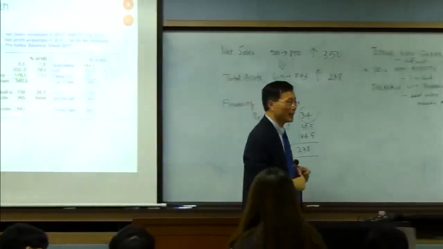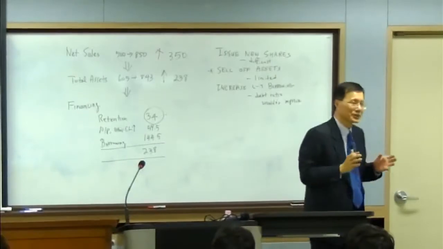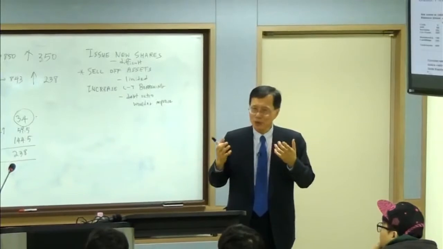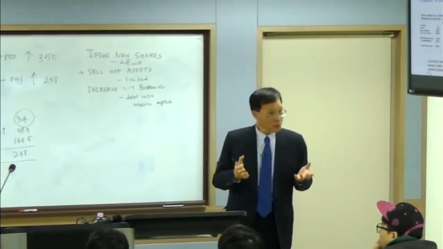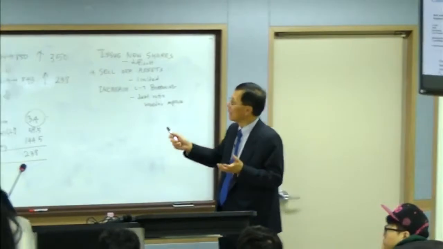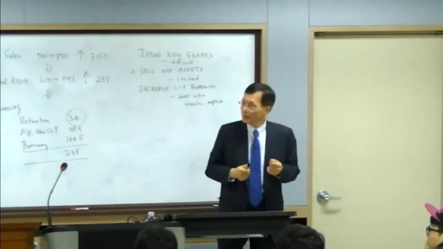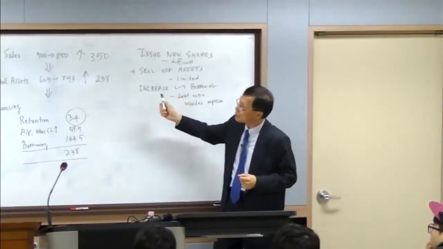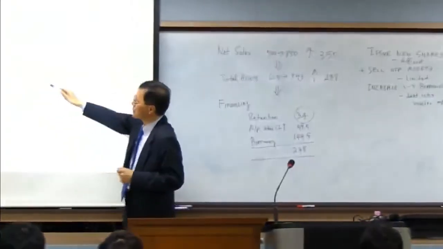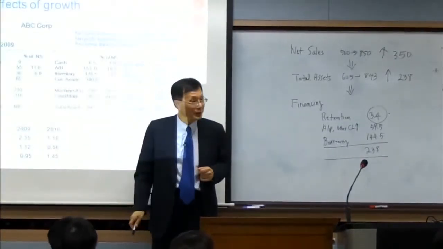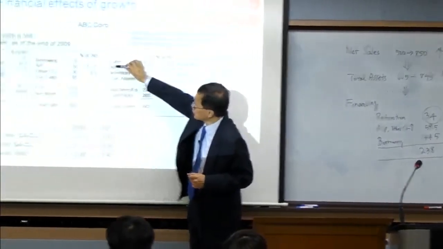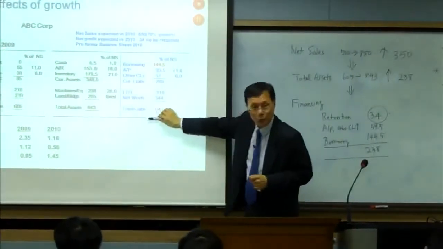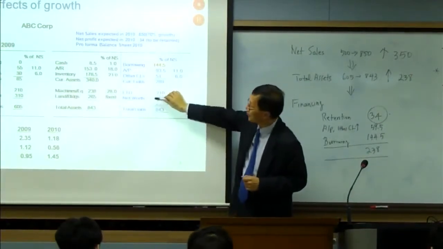If that's the case, why doesn't the company make some changes in receivable policy and inventory policy to reduce the level of accounts receivable and inventory? If you can reduce these two, that will reduce total assets, reduce the total amount of financing needed, and also reduce borrowing level.